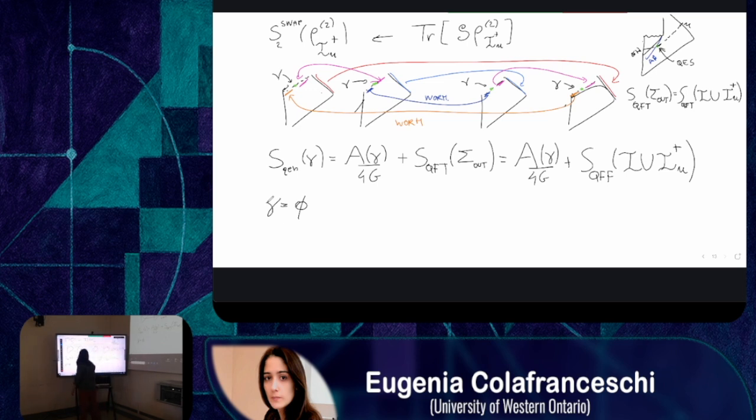And so in this case, the area contribution is zero, because the quantum extremal surface is null. And so the entropy is just the entropy of the quantum field theory. So look here, this is 0 because we said no island. So you are left with the entropy of the quantum field theory on this region of Scri plus.